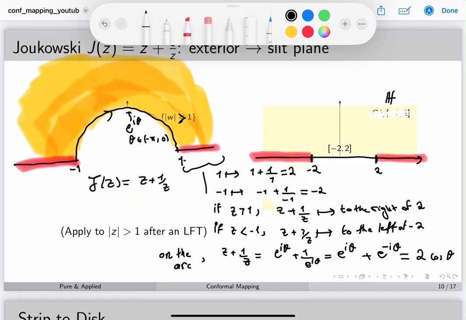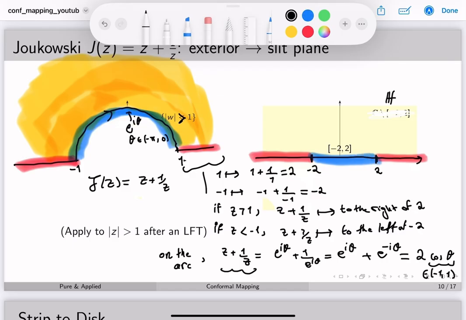And cosine theta runs between minus 1 and 1 for theta between minus pi and 0, and hence this thing runs between minus 2 and 2. In other words, this arc goes to this middle interval.